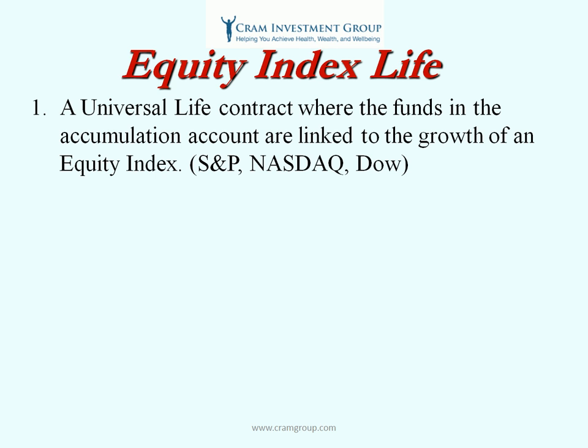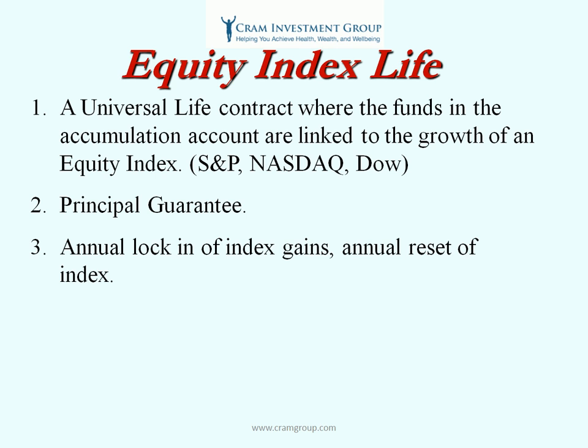The S&P 500, the NASDAQ, the Dow. There are numerous choices out there in the marketplace. We have a principal guarantee, so we can't lose our principal once this is locked in. We have an annual lock-in of these gains, and we reset our index on an annual basis as well.